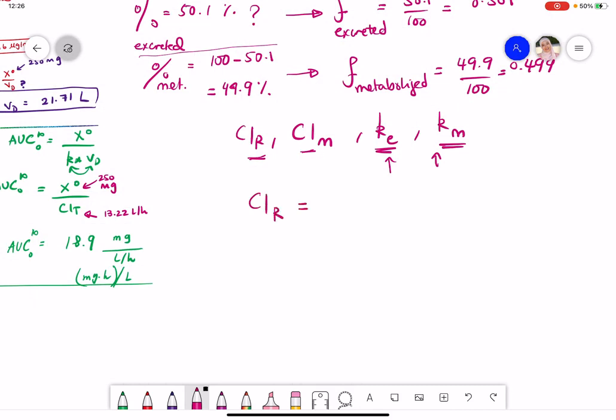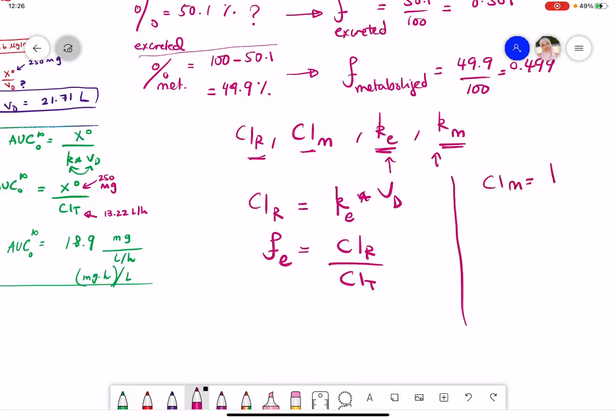Renal clearance would be equal to the K excretion multiplied by VD, or the fraction of excretion would be equal to renal clearance over total clearance. And the same thing for the metabolic: the metabolic clearance equals Km, using the right constant, multiplied by VD, or the fraction of metabolism equals metabolic clearance over the total clearance.